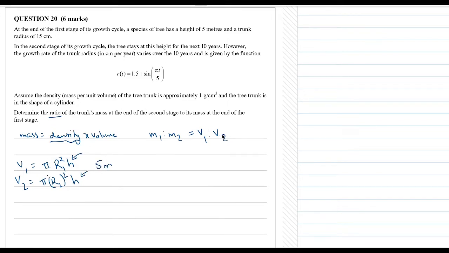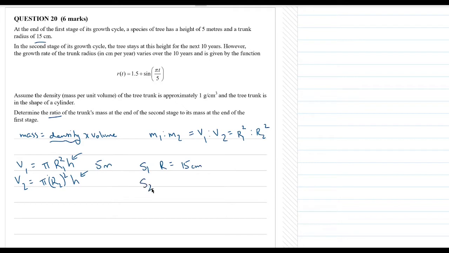So the only thing that's changing is the radius squared. So the ratio between the masses will be the same as the ratio between the volumes, which will be the same as the ratio between r1 squared and r2 squared. So radius 1 squared to radius 2 squared. So let's do that. So in stage 1, the radius is 15 centimeters.